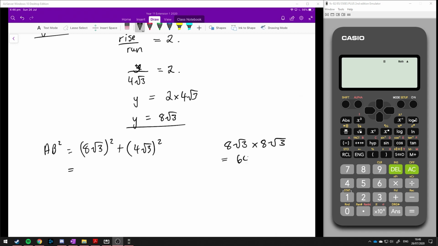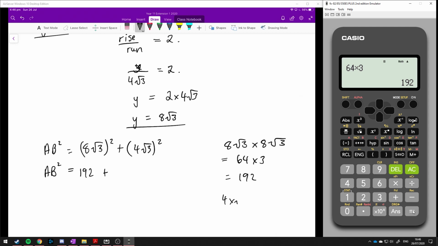So we're going to get 64 times 3, which is equal to, this doesn't feel right, but anyway we're going to keep going. 64 times 3. I'm going to use a calculator for that because I can't think. 192. So AB squared is equal to 192 plus 4 root 3 times 4 root 3.